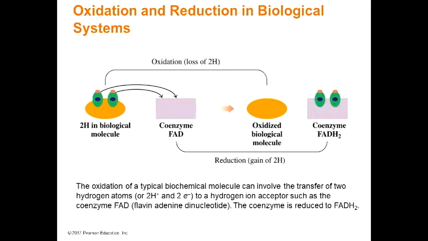In this case, we have 2 hydrogens in a biological molecule. Let me make a statement before I go through this. One way to think about reduction and oxidation, particularly in a biological system: reduction in a biological system adds hydrogens or removes oxygens.